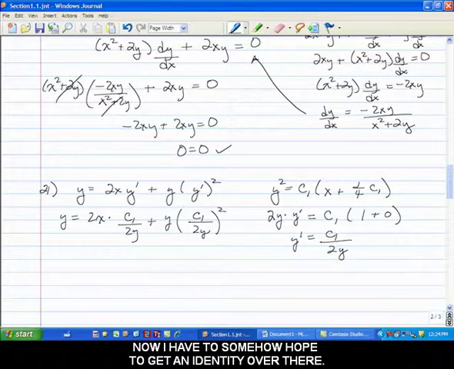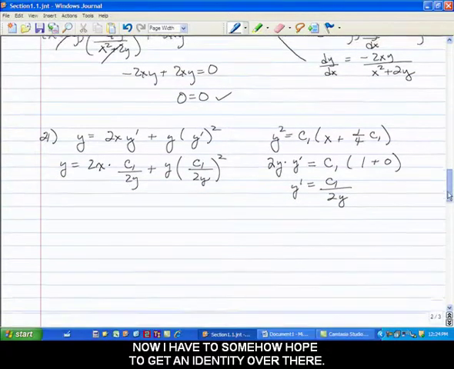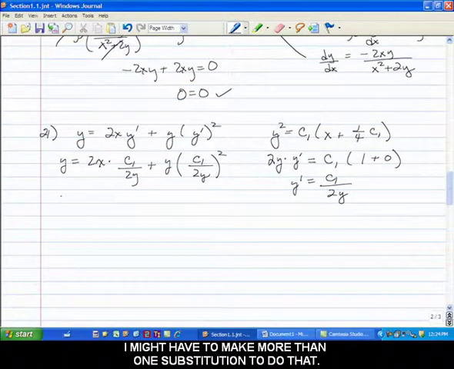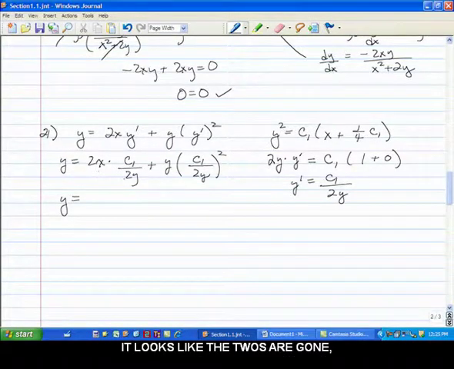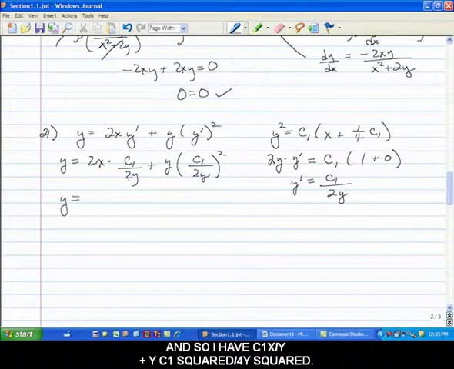Now I have to somehow hope to get an identity over there, and I might have to make more than one substitution to do that. It looks like the 2's are gone, and so I have c1x over y plus y c1 squared over 4y squared.